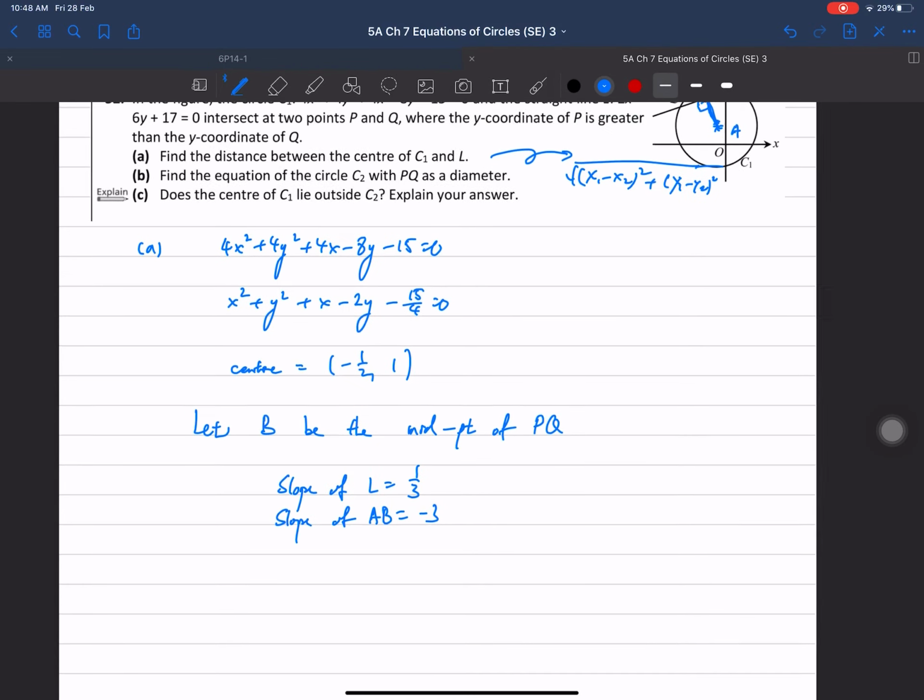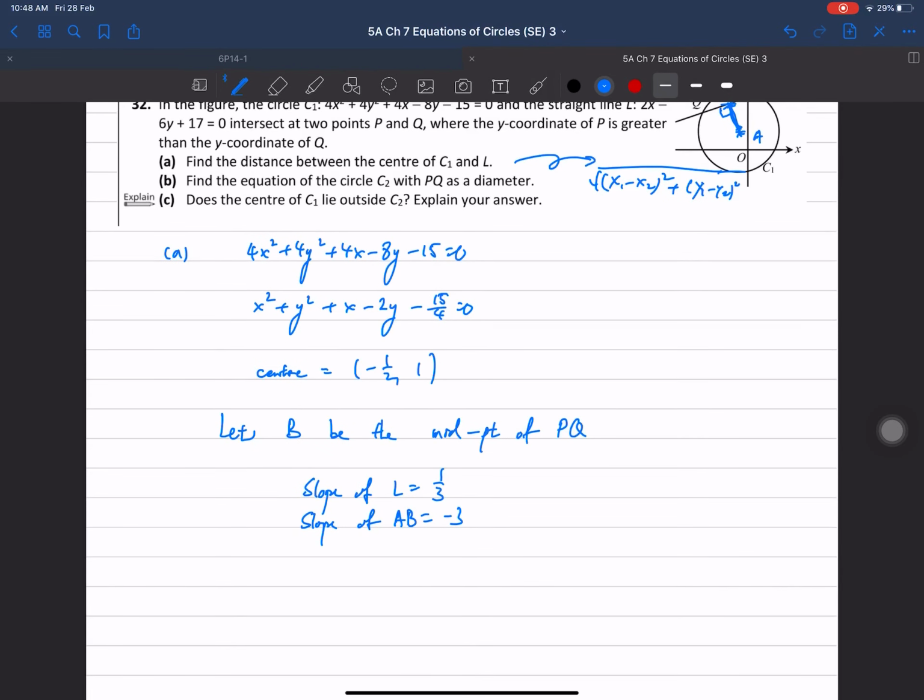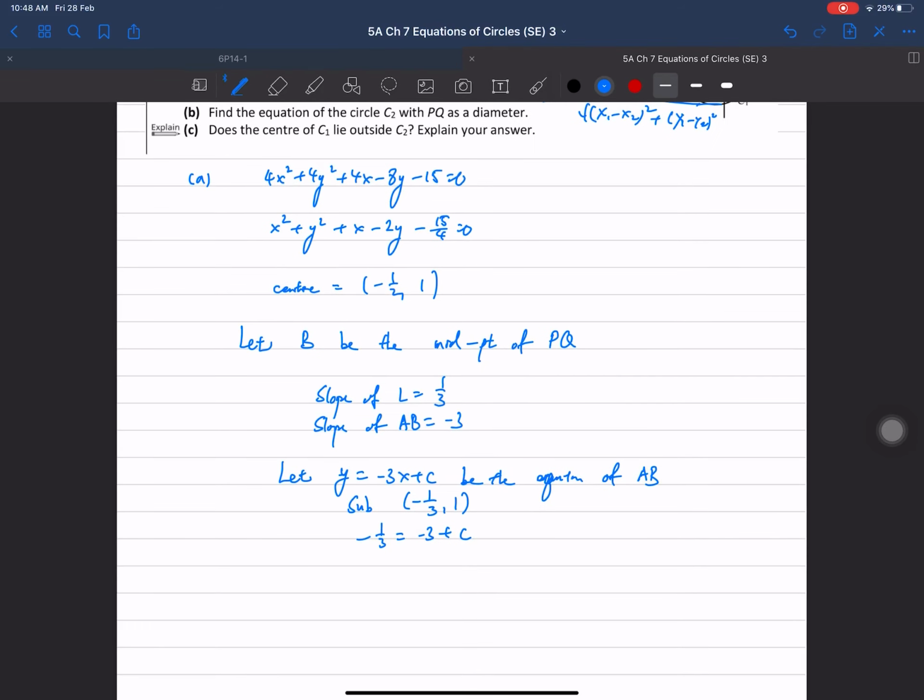And then I let y is equal to -3x plus c be the equation of AB. I know the center is on the straight line, so substitute: 1 is equal to -3 times (-1/2) plus c. So c is equal to 1 minus 3/2, so it's equal to -1/2.